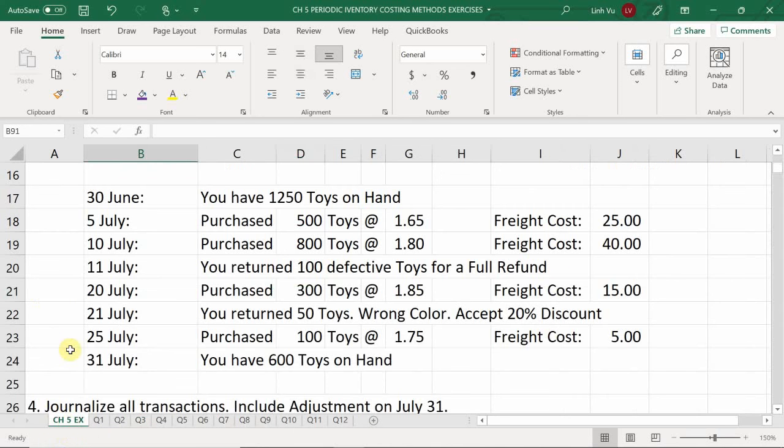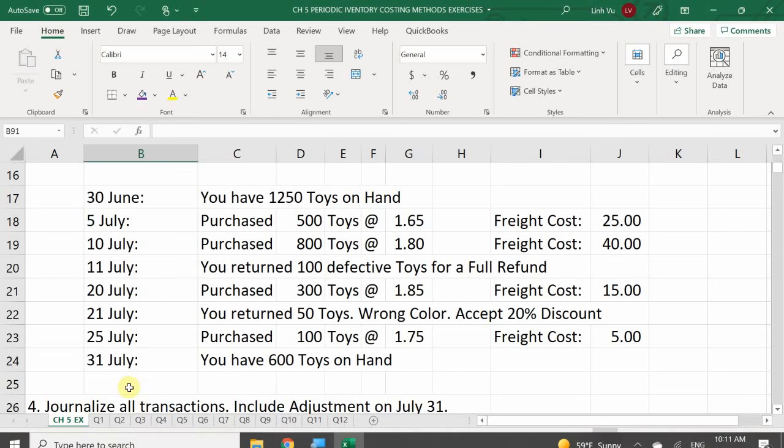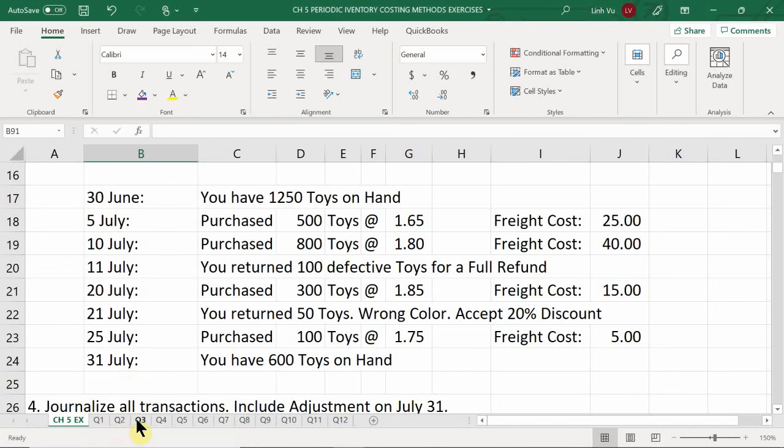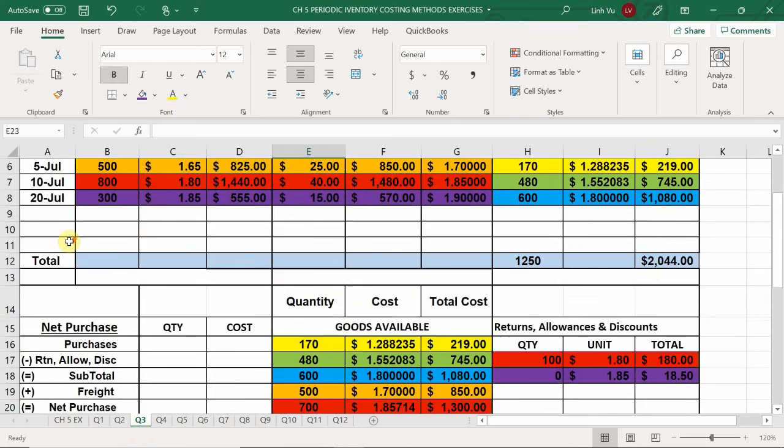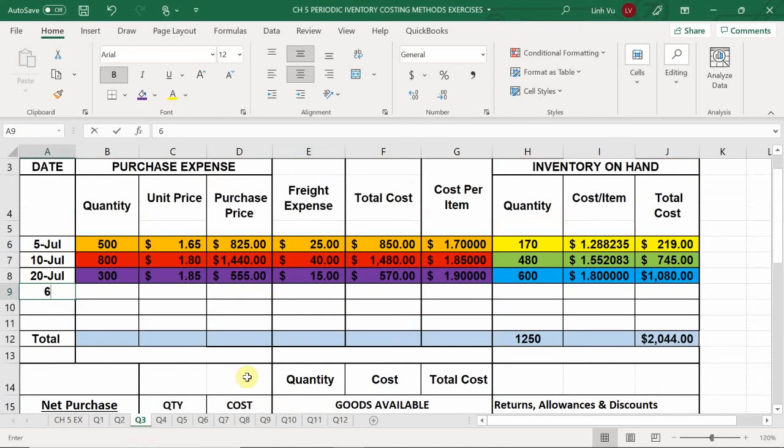So then last but not least, on July 25th, we end up purchasing 100 toys at $1.75 with a freight of $5. So it is July 25th, 100 at $1.75 with a freight of $5.